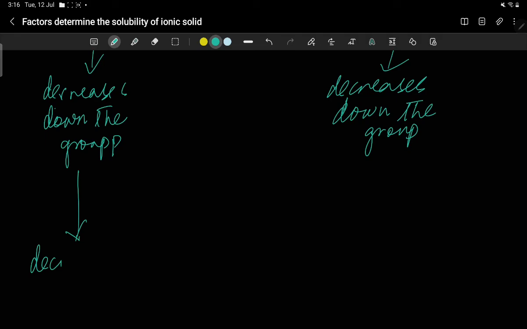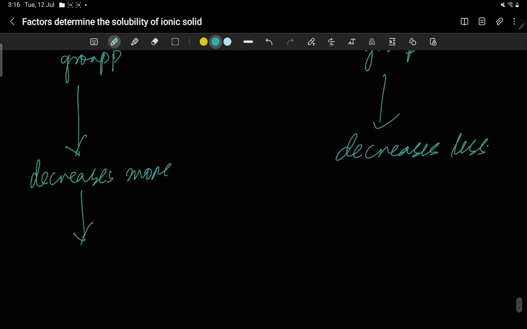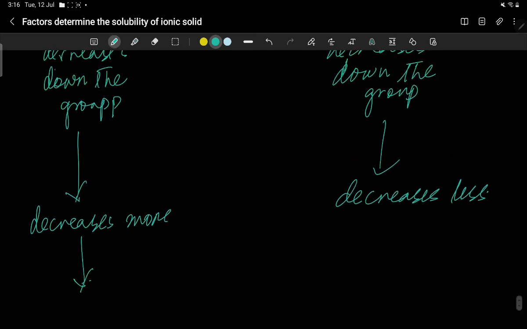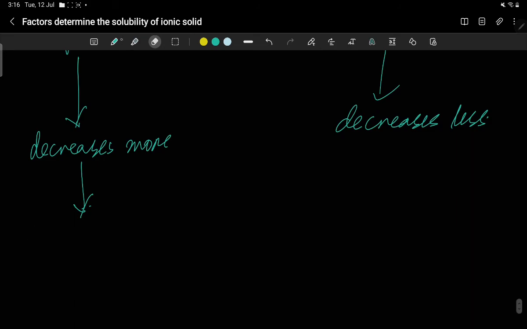Decreases more, decreases less. So this will become more dominant, less dominant.